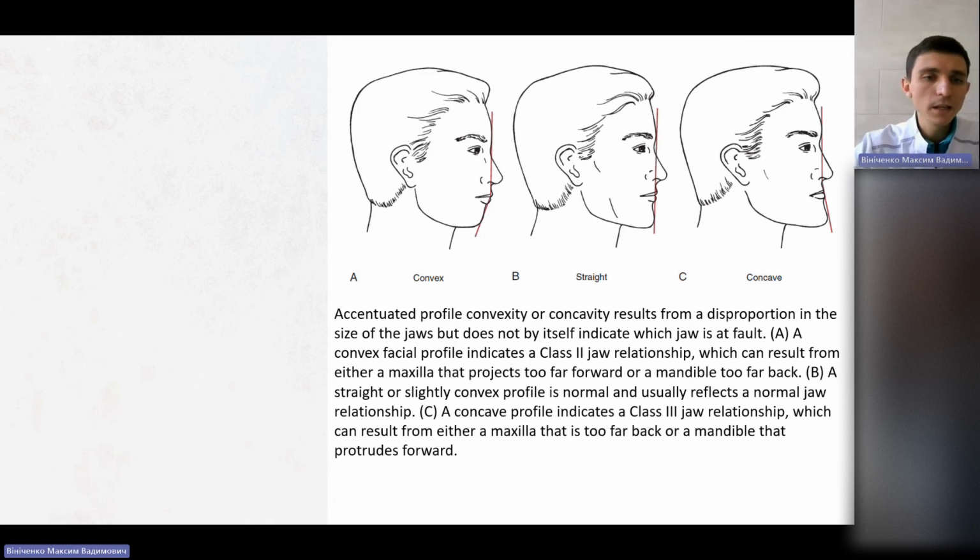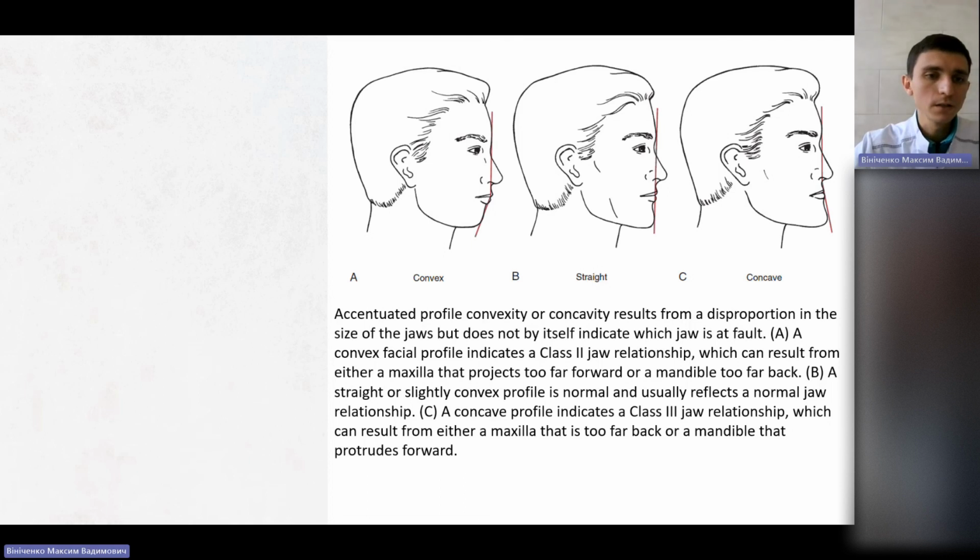A straight or slightly convex profile is normal and usually reflects the normal jaw relationship. Not always, but usually. A concave profile indicates a class 3 jaw relationship, which can result from a maxilla that is too far back or a mandible that protrudes forward.